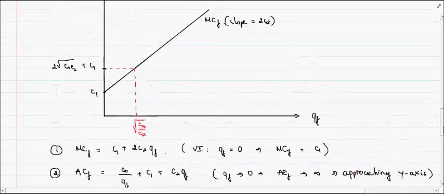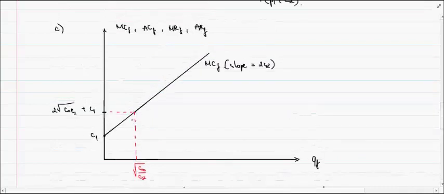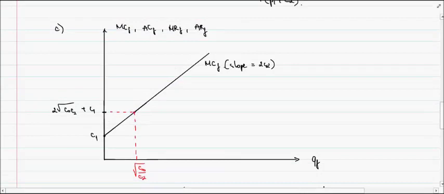Okay, so that is how you draw it. We do not know the value of all of these, however we need to know all of the properties. In order to draw it precisely, we know that this is the minimum point on the average cost curve, and it is also lying on the marginal cost curve.